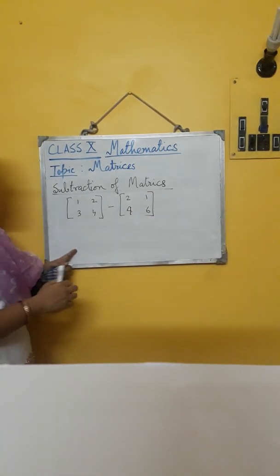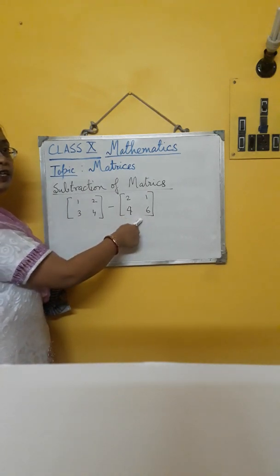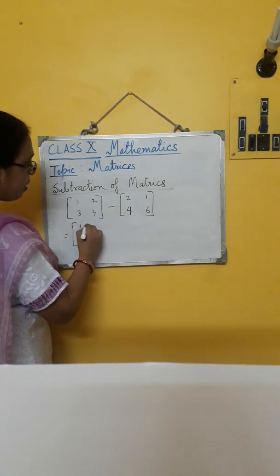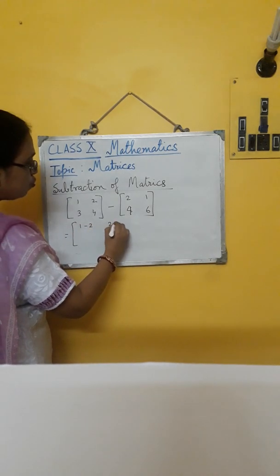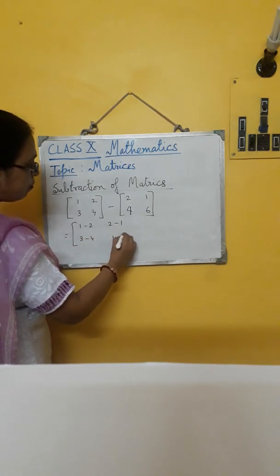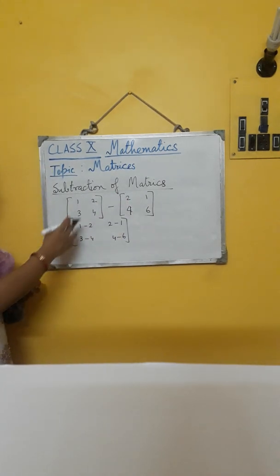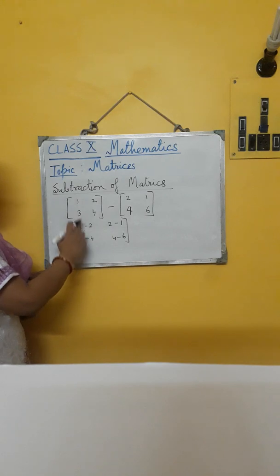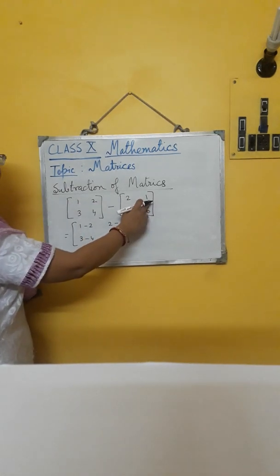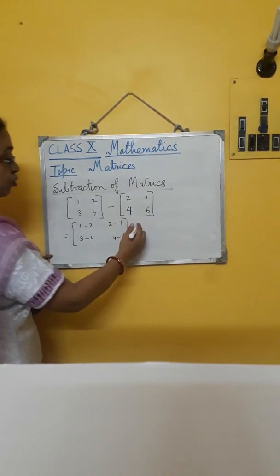So what do we have? 1 minus 2, 2 minus 1, 3 minus 4, 4 minus 6. Corresponding elements are subtracted: the first one minus the first one, the second minus the second, the third minus the third, the fourth minus the fourth.